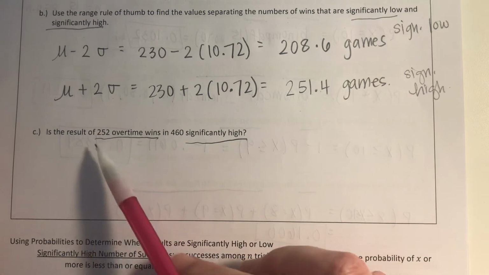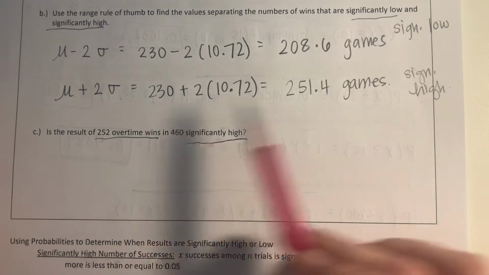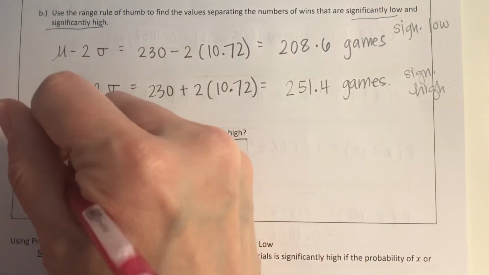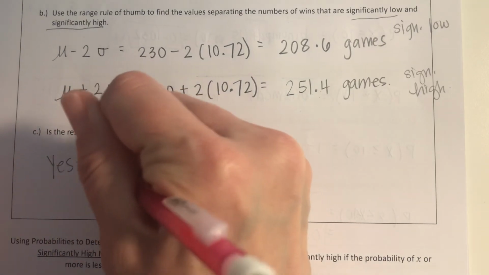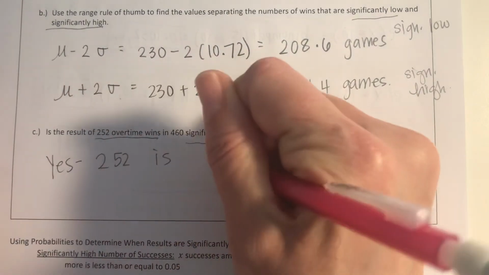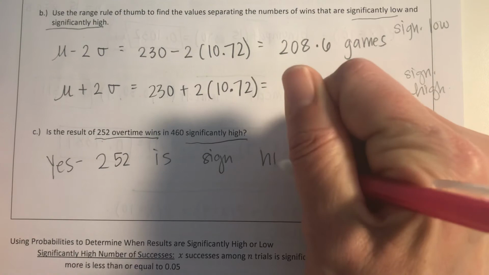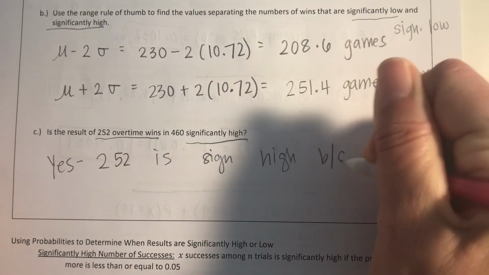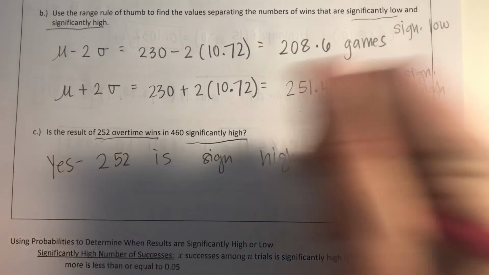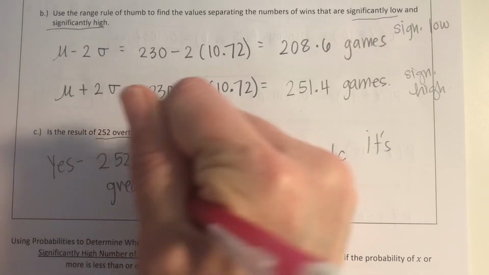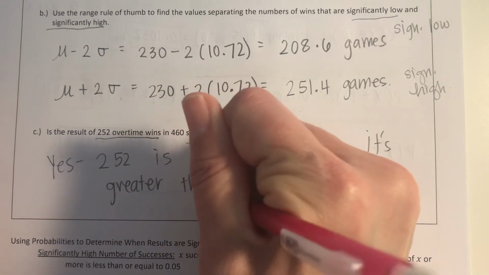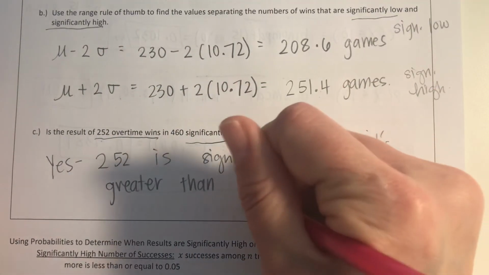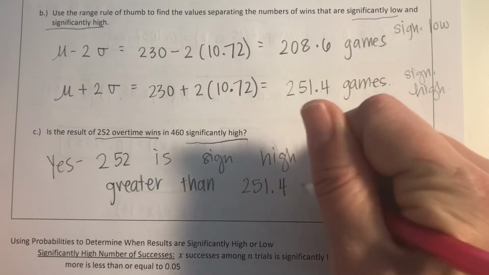And this value that we have, 252, is larger. So yes, 252 is significantly high because it is greater than that cutoff, which is 251.4 games.